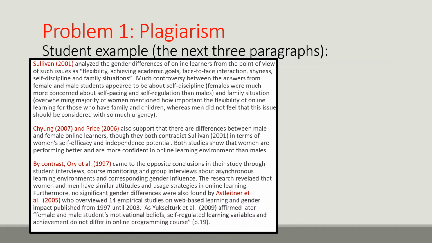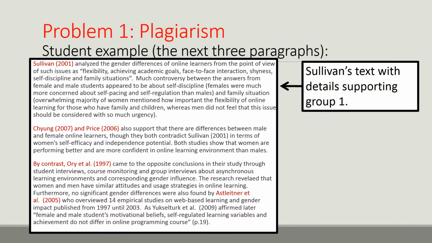Then we look at the next three paragraphs. And again, I'm still thinking in the back of my mind, where did this information come from? And I start seeing the same name, Sullivan, Chung and Price, and Ori, and all those sources that were mentioned in Yüksel-Türk. So there's group one, which is the group that agrees that gender differences are important.